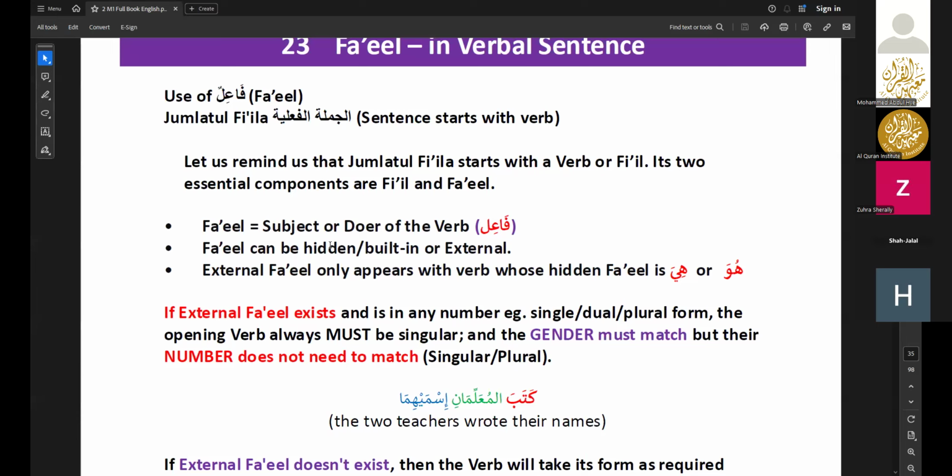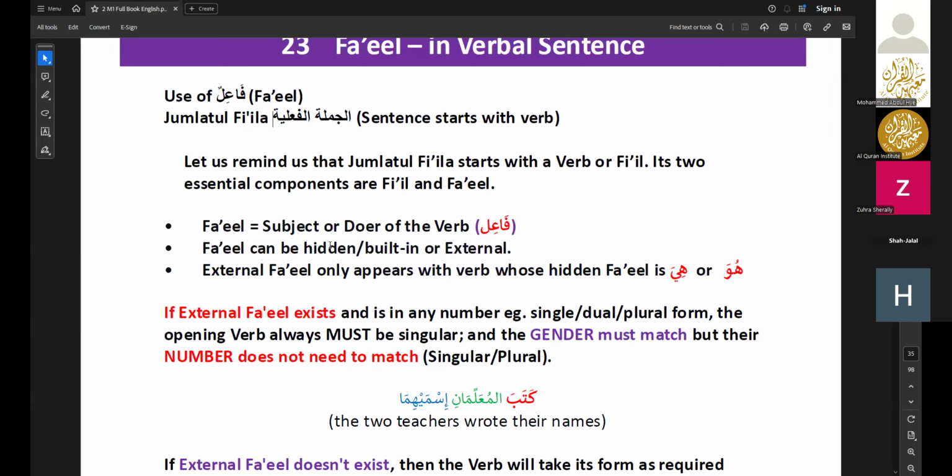If the form of the fi'l is either huwa or hiya, then there may be a fa'il. But again, it will not always be. We'll see the exception later on.